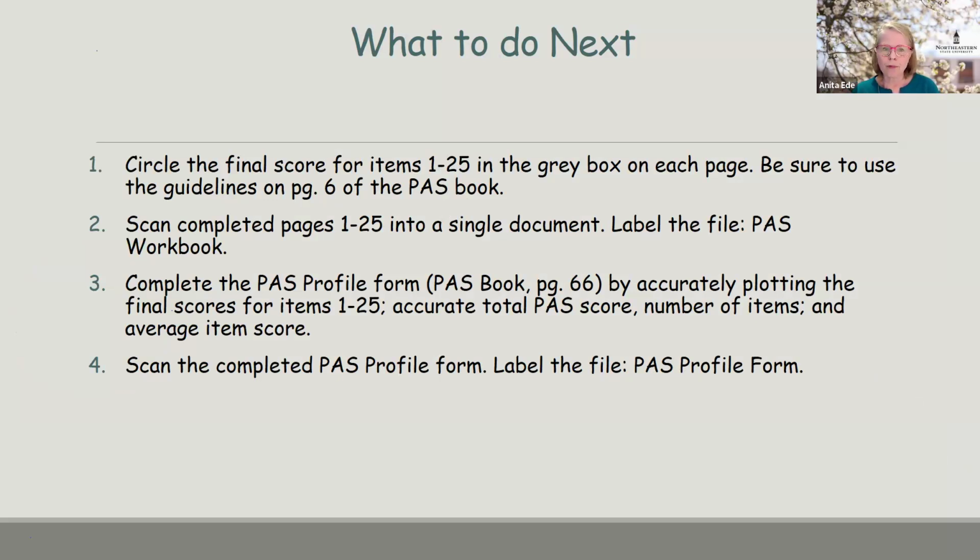So you circle the final score for all pages 1 through 25 in the gray box. Use the guidelines. Once you've got that done, scan completed pages 1 through 25 into a single document and label the file PAS workbook and save it on your computer.